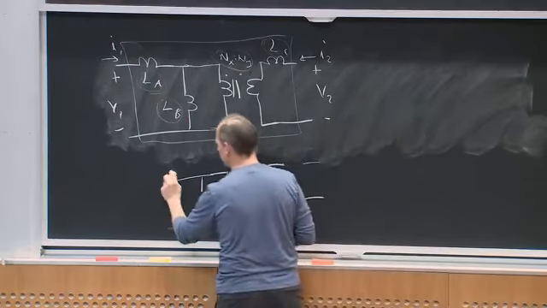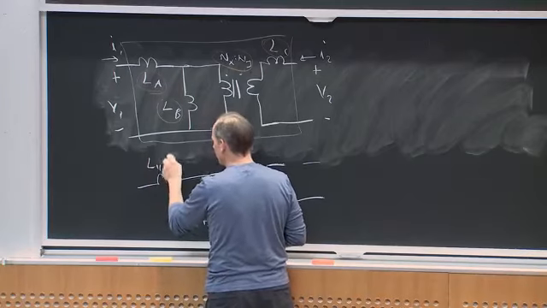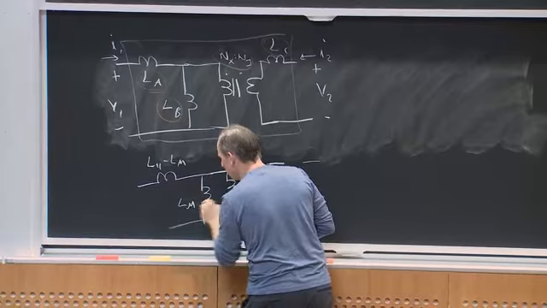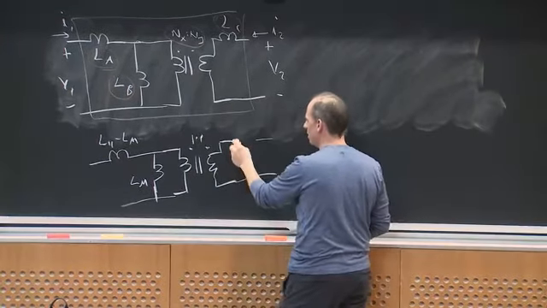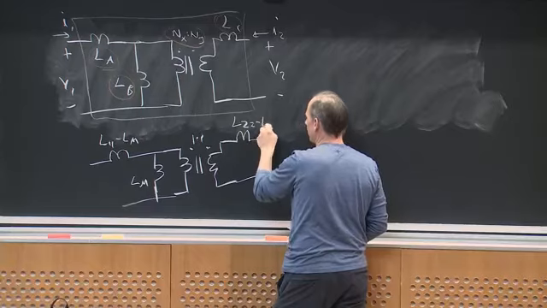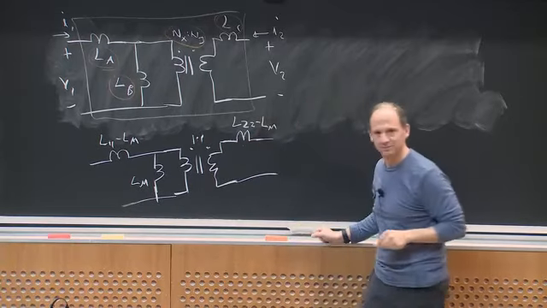What I would get is L11 minus Lm would be La, Lm would be Lb, and L22 minus Lm would be Lc. Okay?